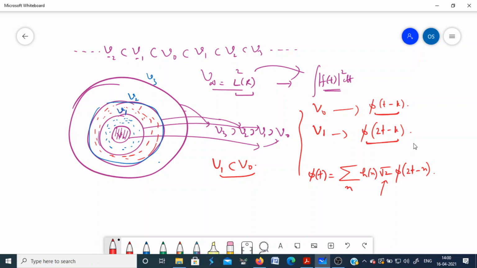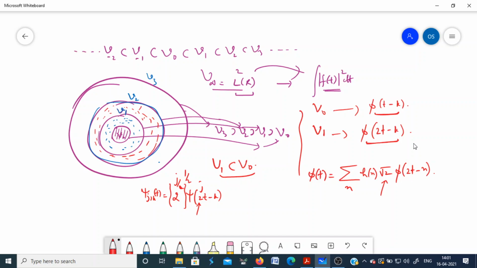When you generate this psi of jkt, you use 2 raised to the power j by 2 psi of 2 to the power j t minus k. So if you have scaled this t by 2 raised to the power j, you have to multiply the scaling factor, which is under root of 2 to the power j, or 2 to the power j raised to the power 1 by 2.